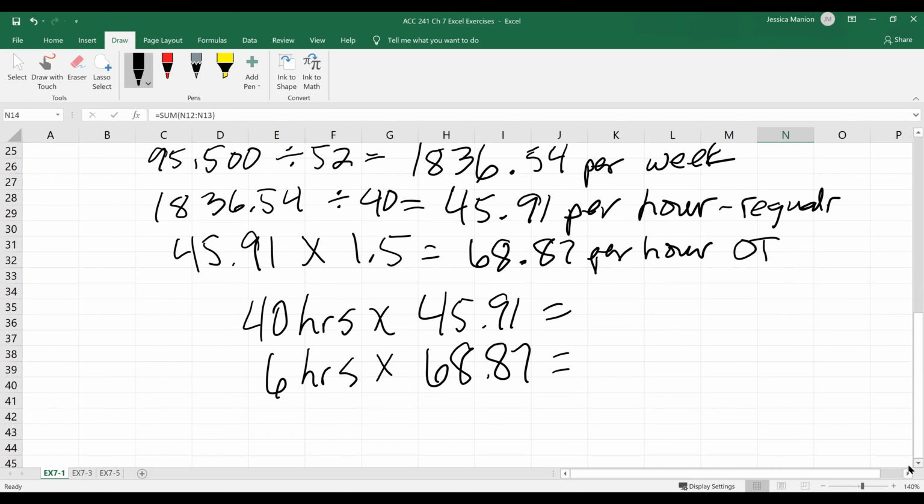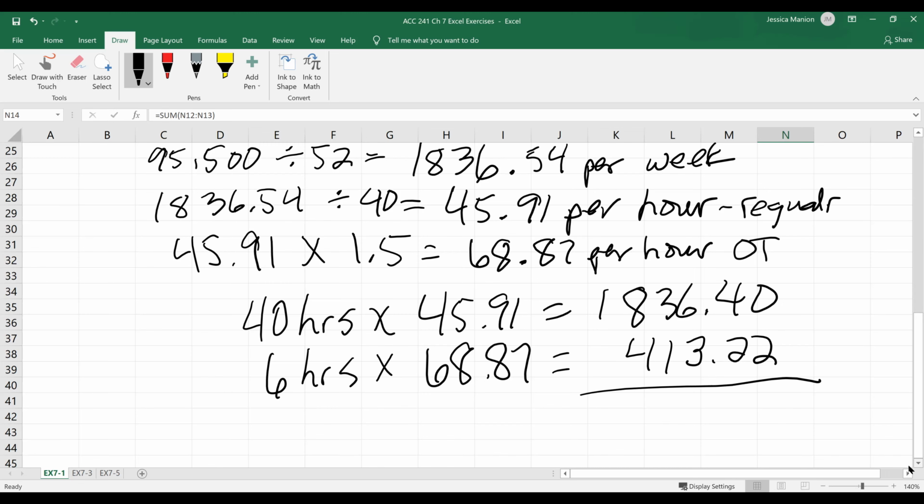So 40 times 45.91, 1836.40, or then also 68.87 times 6, 413.22.